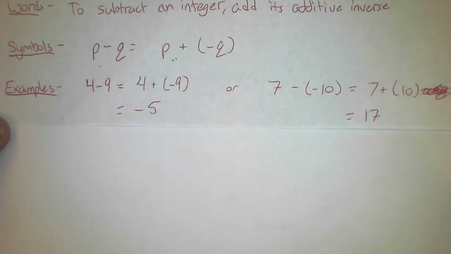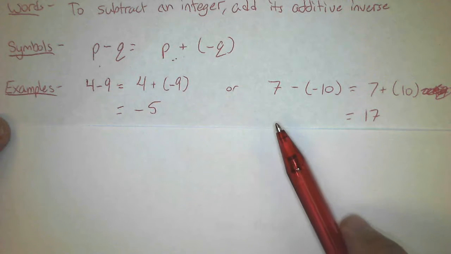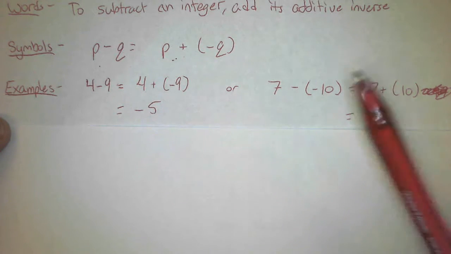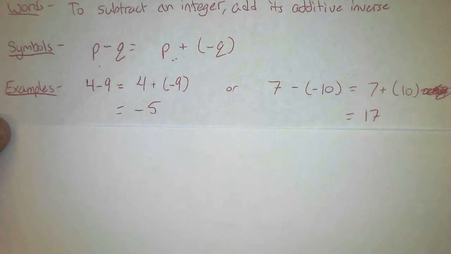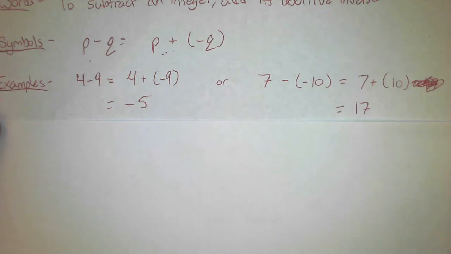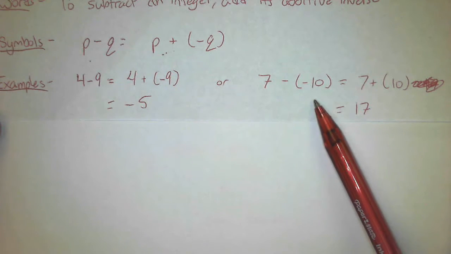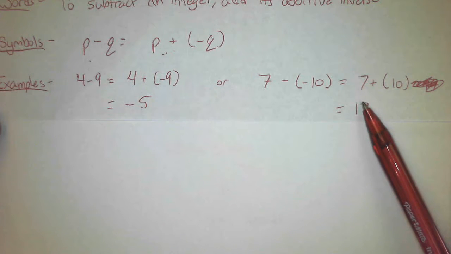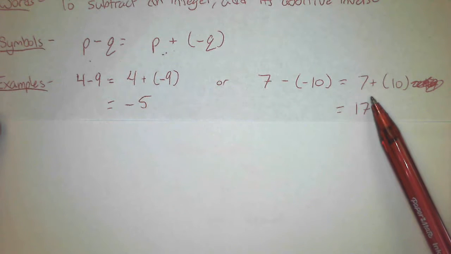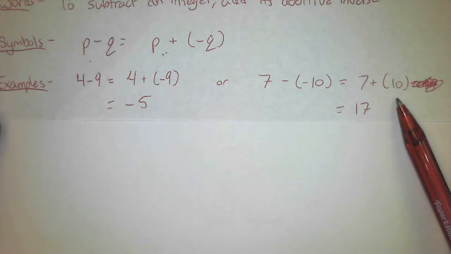If we look at our other example, we have a positive 7 minus a -10. So again, we're keeping, changing, and changing. So we kept our 7, changed our sign to addition, and changed our sign from negative to positive.